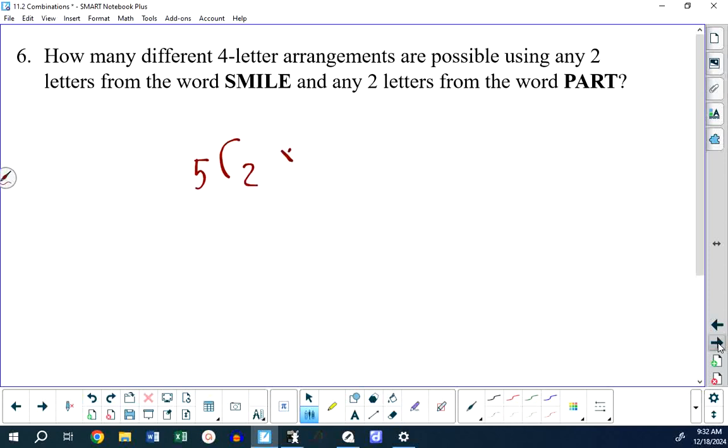And of the 4 letters in the word part, you have to choose 2 as well. That's not going to be the answer. There's something else you need to do. What?